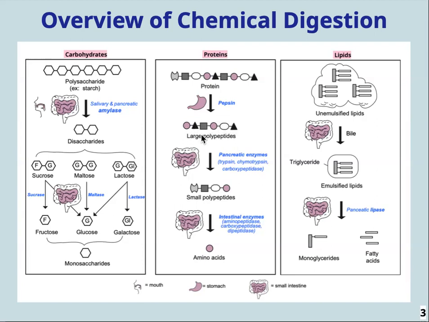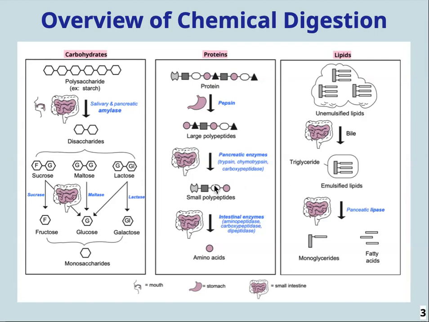The large polypeptides are then acted on by the pancreatic enzymes, namely trypsin, chymotrypsin, and carboxypeptidase. These are all enzymes that act on large polypeptides.